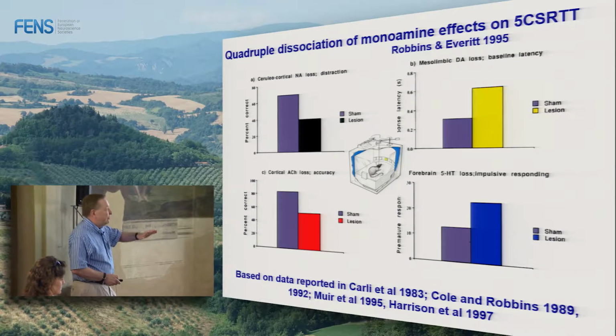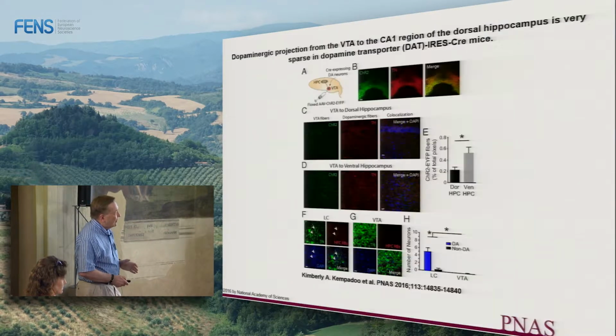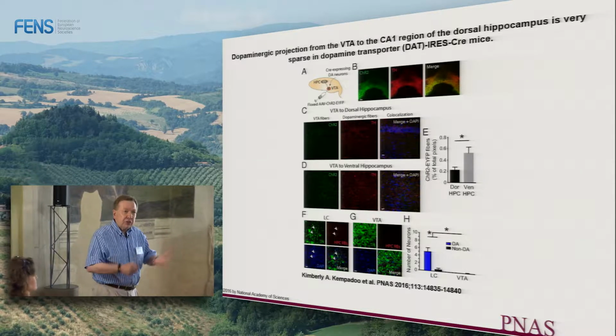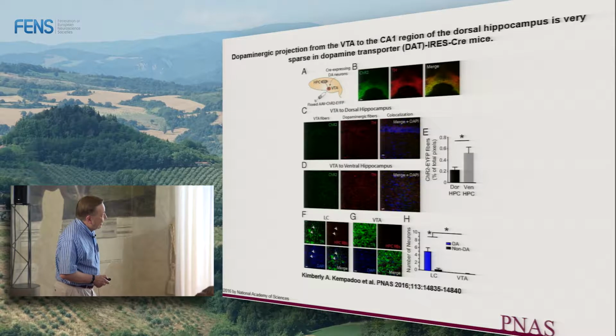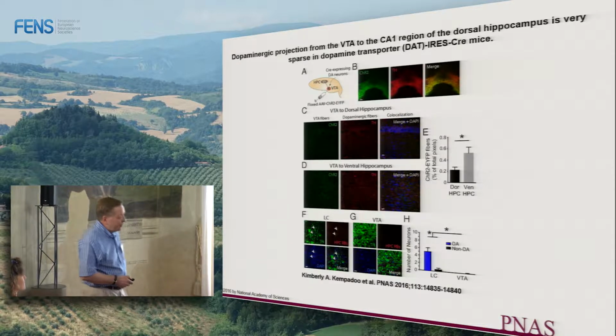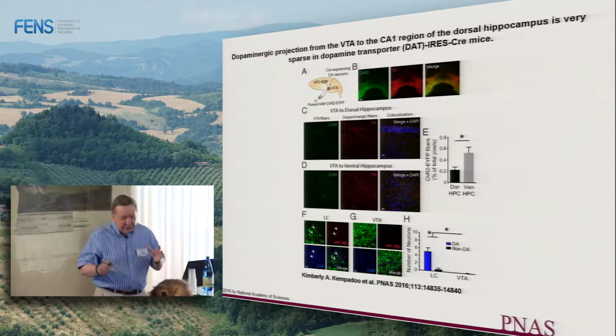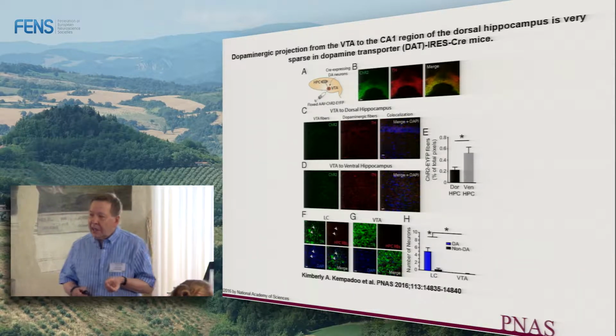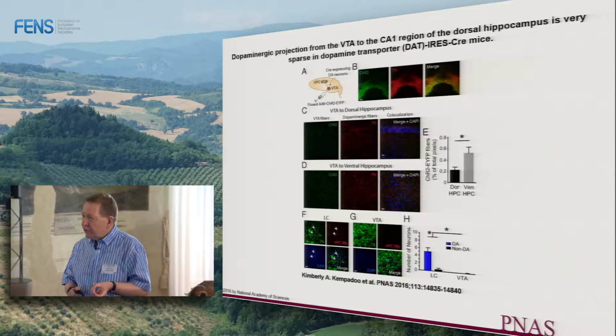But this semi-clean, rather specific story is cast into doubt by new work using the new tools. A particular puzzle has been the fact that people have found recently that manipulating dopamine in the hippocampus can improve memory at D1 receptors in rodents.